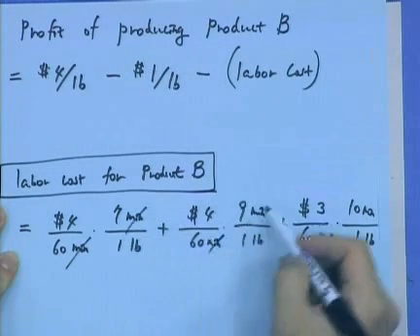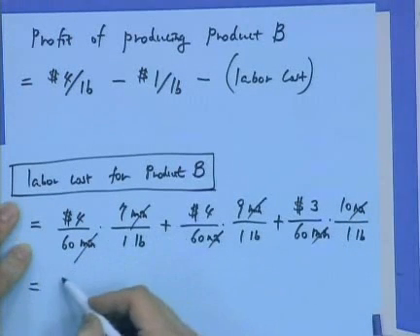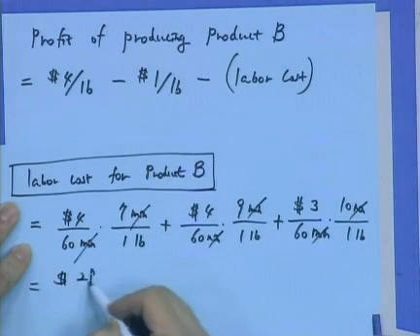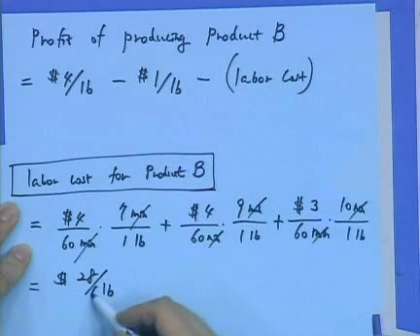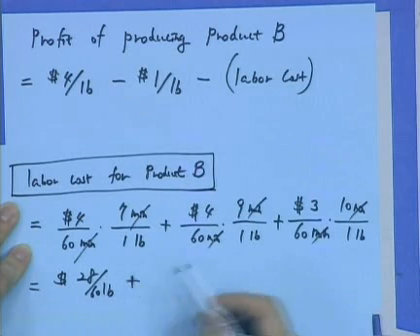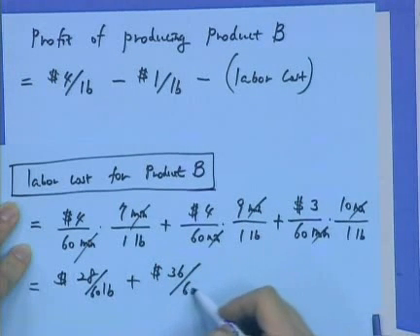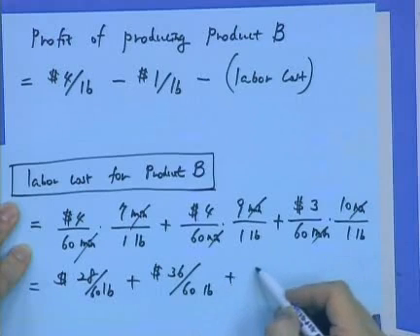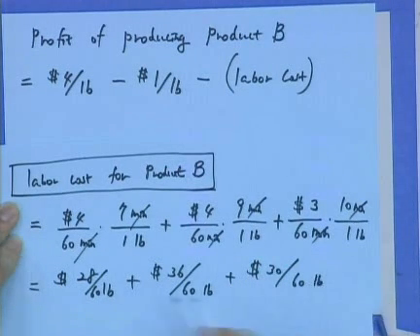So the minutes will be erased. This becomes $28 per 60 pounds, plus $36 per 60 pounds, $30 per 60 pounds, right?